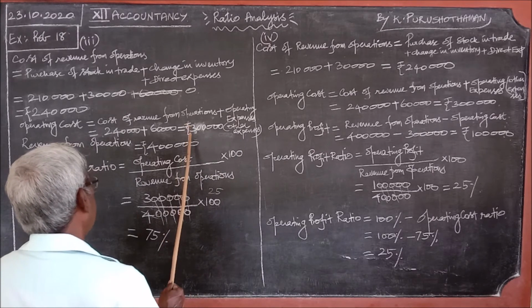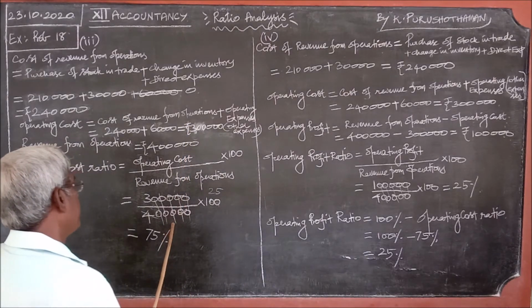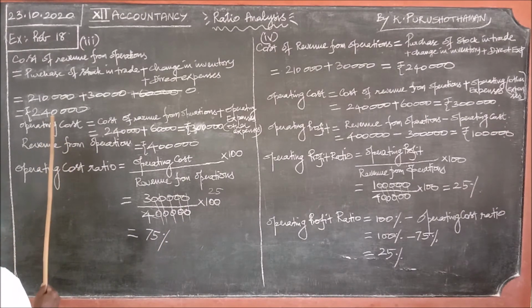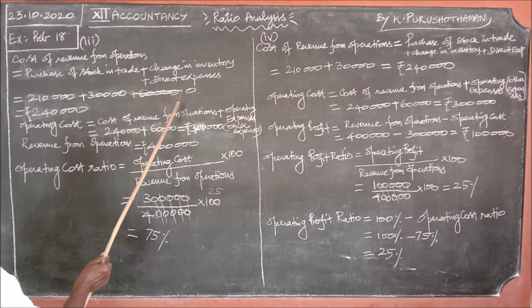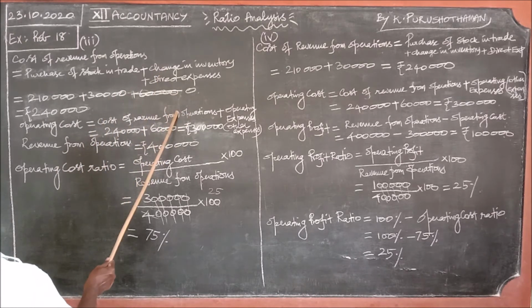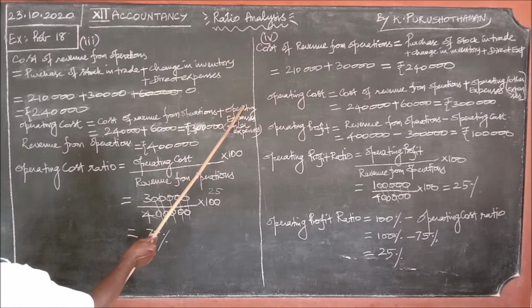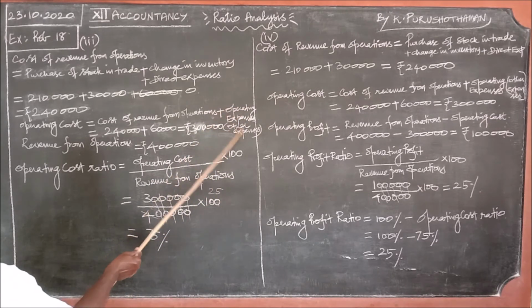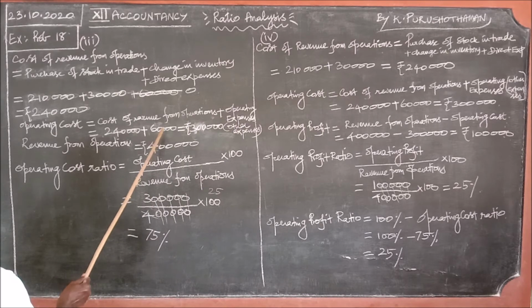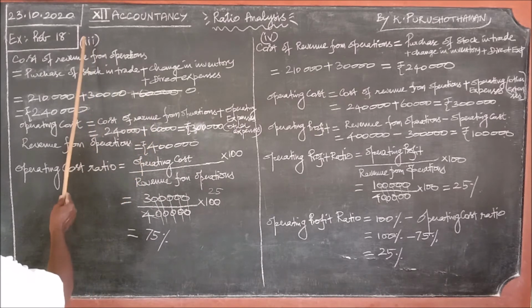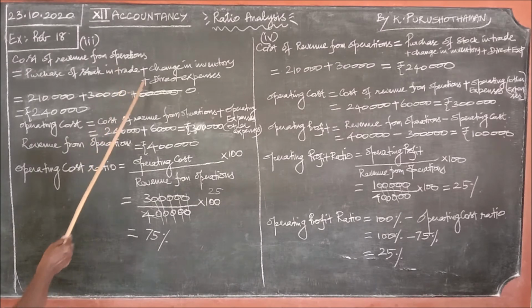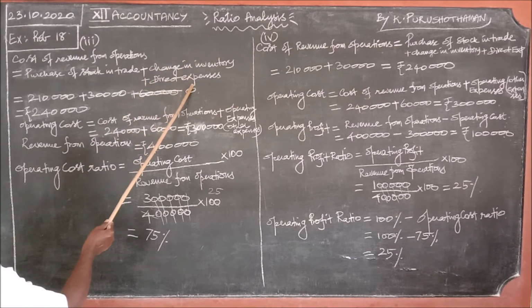Operating cost we should find, revenue from operations given as 4 lakhs. How to find operating cost? To find the operating cost we should know cost of revenue from operations plus operating expenses. Operating expenses is nothing but other expenses that is given as 60,000. How to find the cost of revenue from operations? Purchase of stock in trade plus change in inventory plus direct expenses.